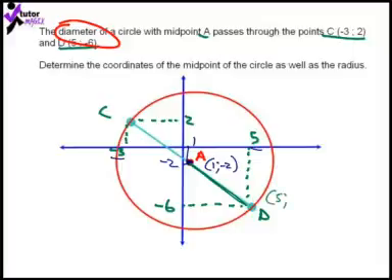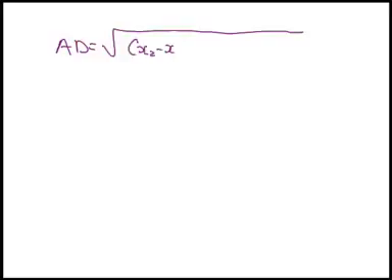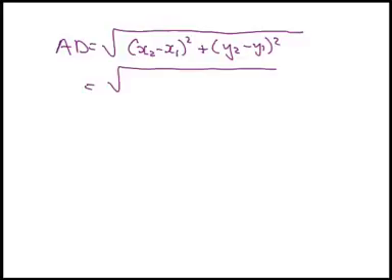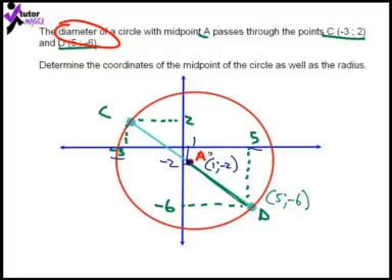D has got coordinates 5 and -6, and the distance formula for the line AD is given by the square root of (x2 minus x1) squared plus (y2 minus y1) squared. Any point can be x1 and y1, so let's just call that one x1 and y1, and this point x2 and y2.